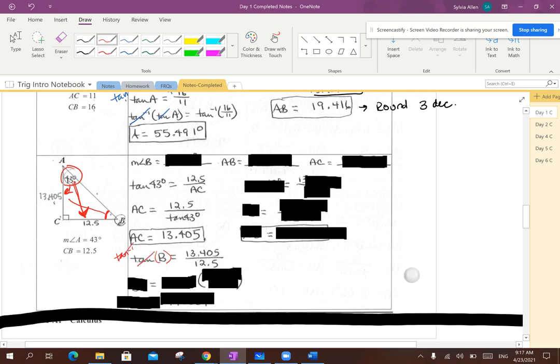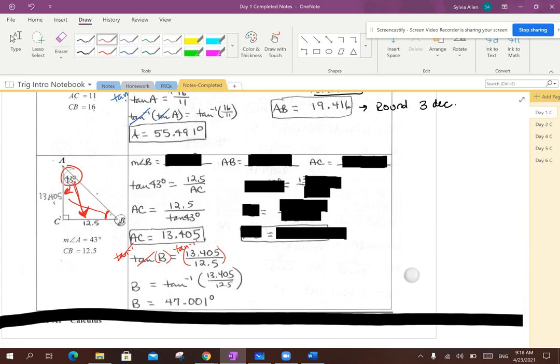So the only way to get B by itself is to take the inverse. So put that in your calculator, and then you end up finding that B is 47.001 degrees. So from here, we found out that the measure of angle B is 47 degrees. We found out that AC was 13.405.